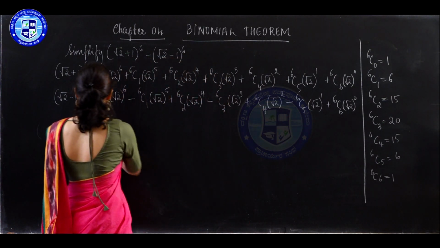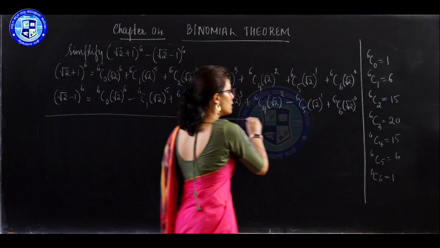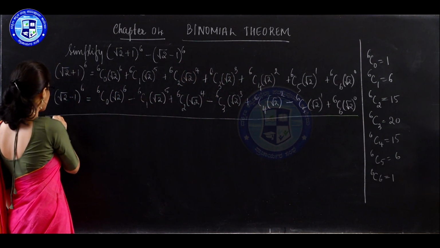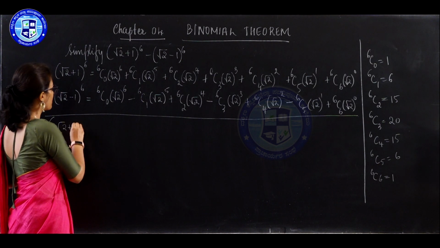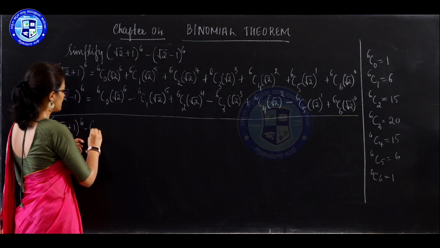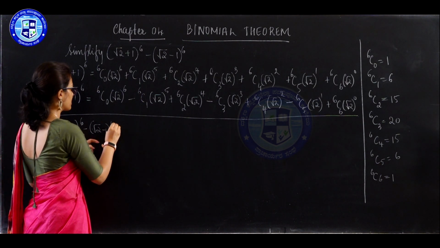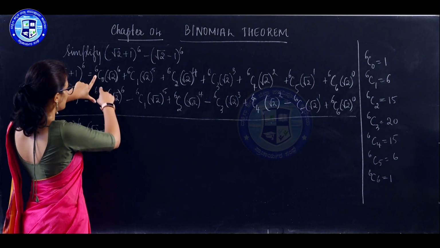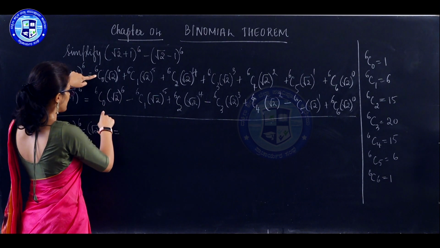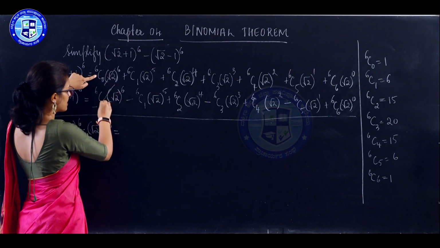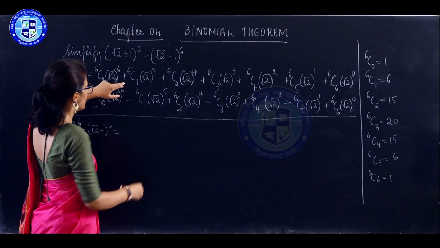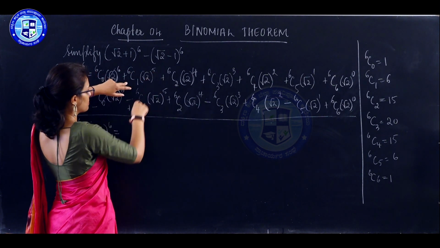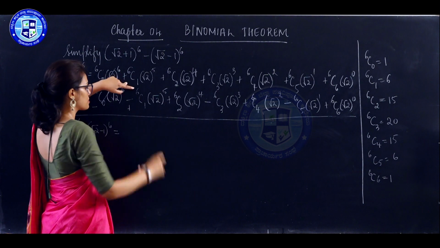So, now we are asked to subtract these two expansions. So, let us subtract this. On the left hand side we get (root 2 plus 1) to the power 6 minus (root 2 minus 1) to the power 6. Here we get 6C0; these two terms are the same, so when you subtract, they will cancel out. You will get 0 here. Here when you subtract you will get 6C1 root 2 to the power 5, minus of minus, which becomes plus.